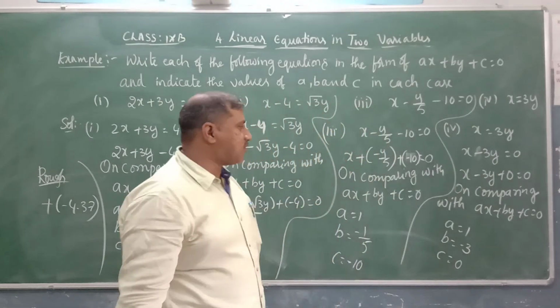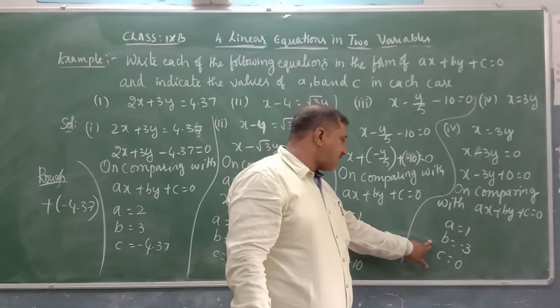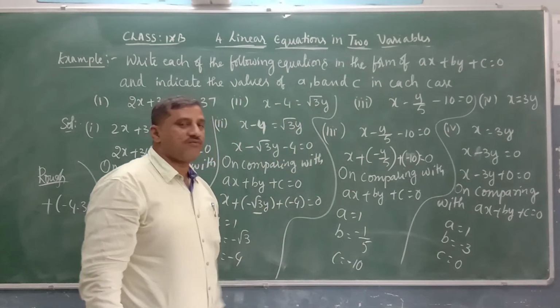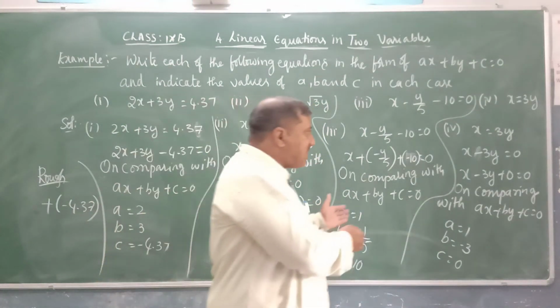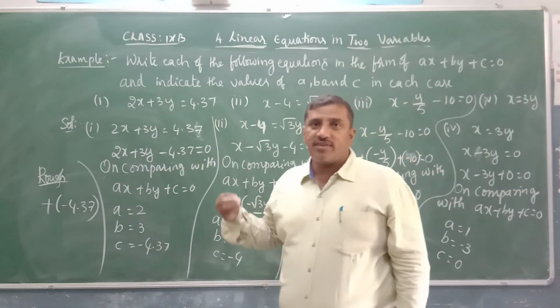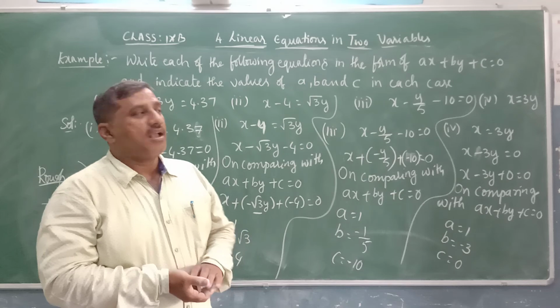A is equal to 1, b is equal to minus 3, c is equal to 0 are the values in equation 4. Like this we will change the given equations into the standard form and write a, b, c.